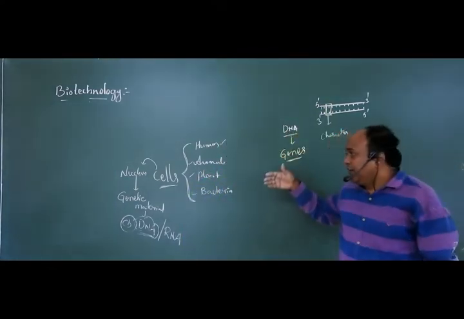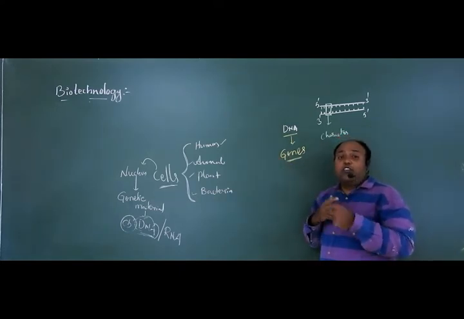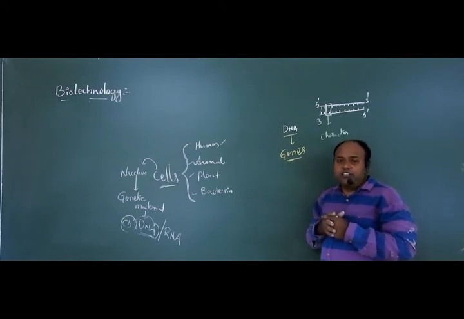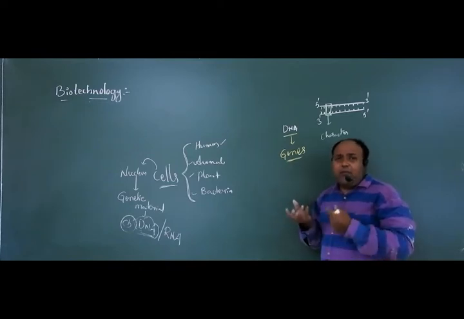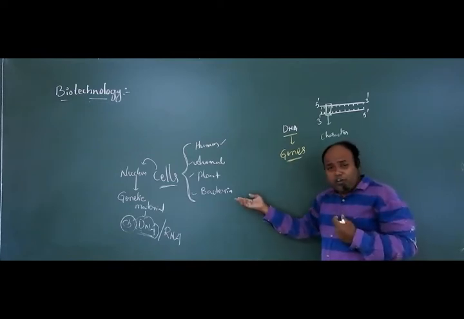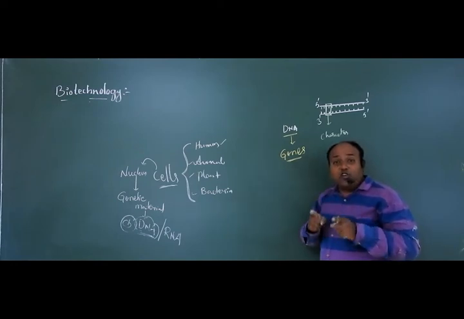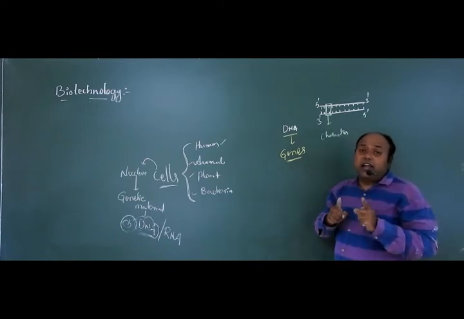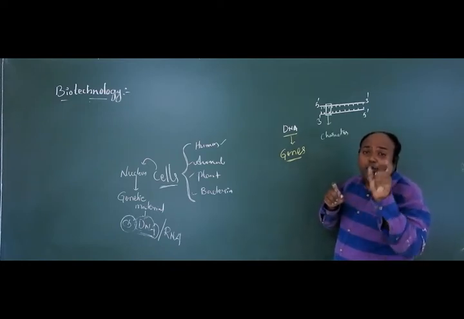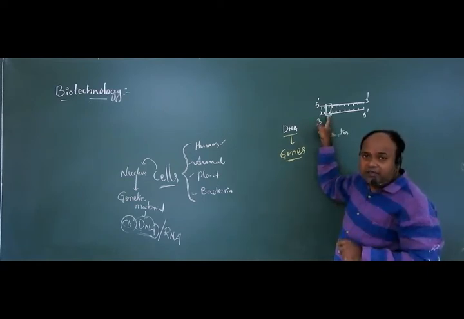In animals also, different kinds of animals show different characters, and all these characters depend upon the genes. Remember, whatever characters we have, and animals have, and plants have, and microorganisms like bacteria have, all these characters are based on the genes only. Then what are genes? Genes are nothing but a small part or portion on the DNA that represents a character.